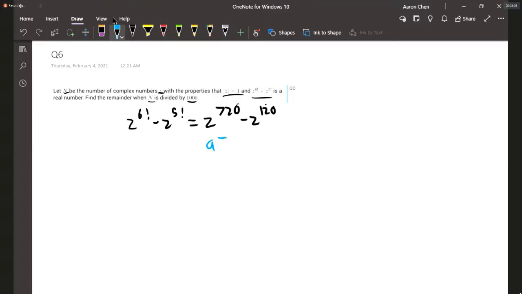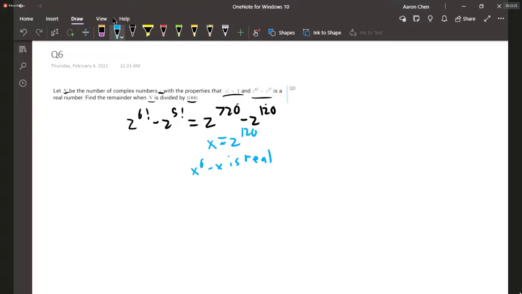So we let x equal z to the 120. Now this problem is basically just x to the 6 minus x is real.